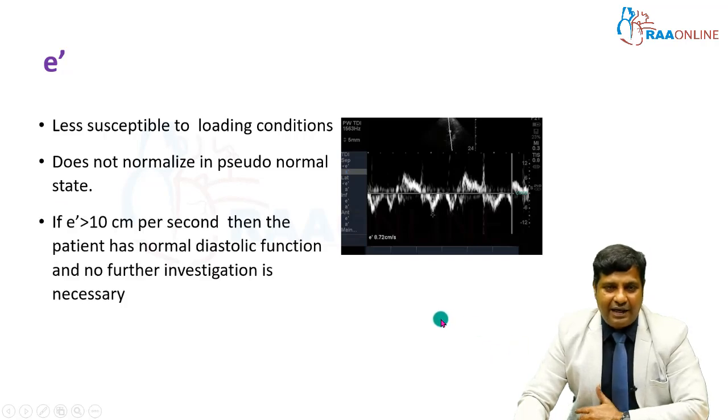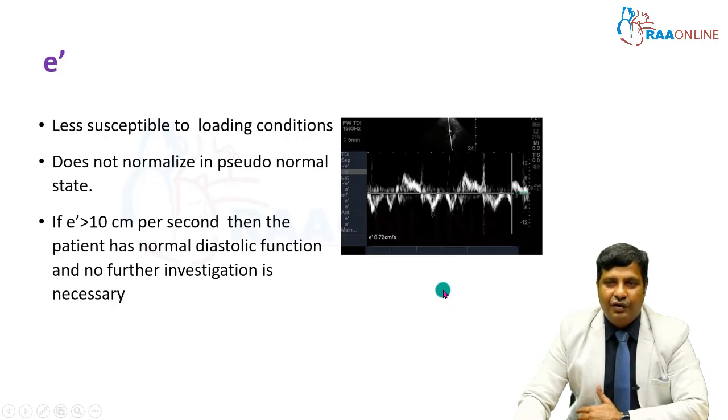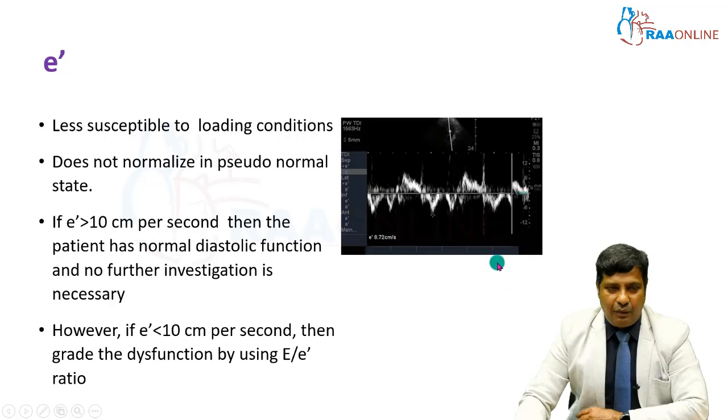Recent guidelines say that if the E dash is more than 10 centimeter per second, you can confidently say that this patient does not have any diastolic dysfunction and further investigation is unnecessary. However, if the E prime is less than 10 centimeter per second, then grade the dysfunction by using transmitral inflow techniques, getting an E wave, and go for the E by E prime ratio.